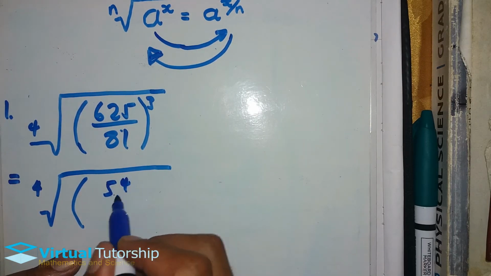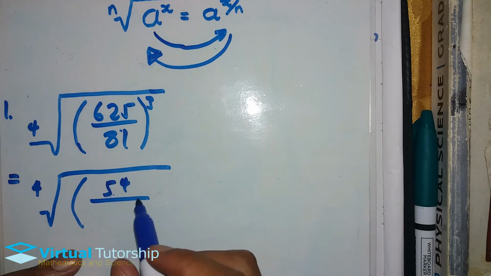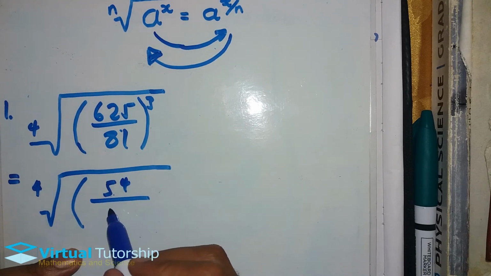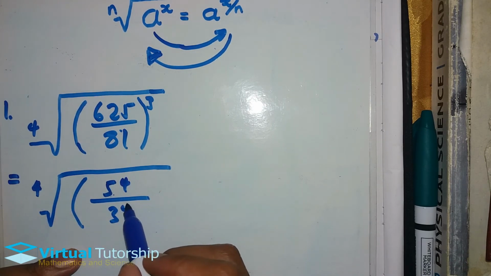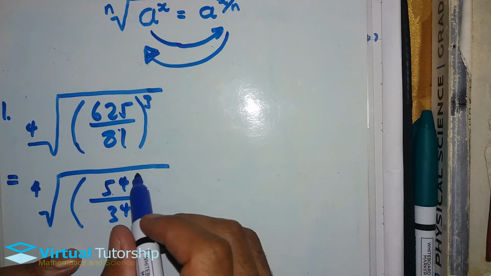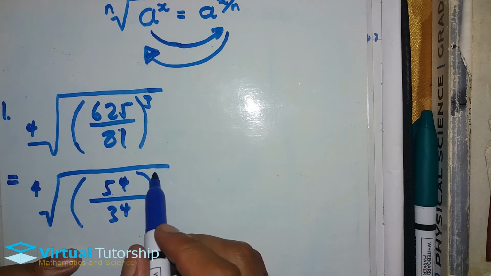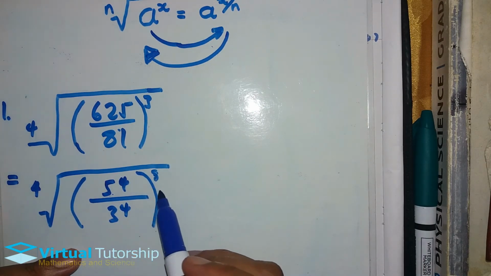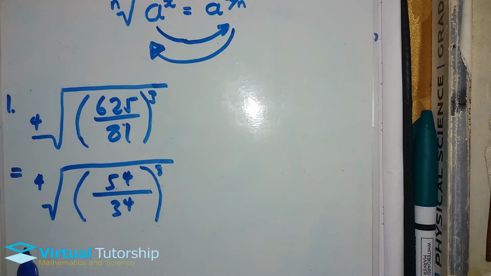625, so I'm rewriting it as 5 exponent 4 over 81, which is the same thing as 3 exponent 4, ne? 3 exponent 4 all raised to exponent 3, ne?